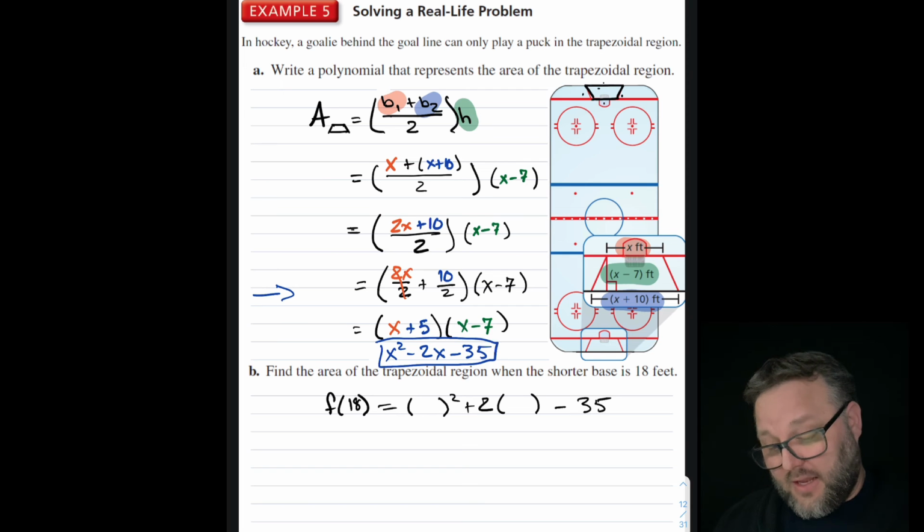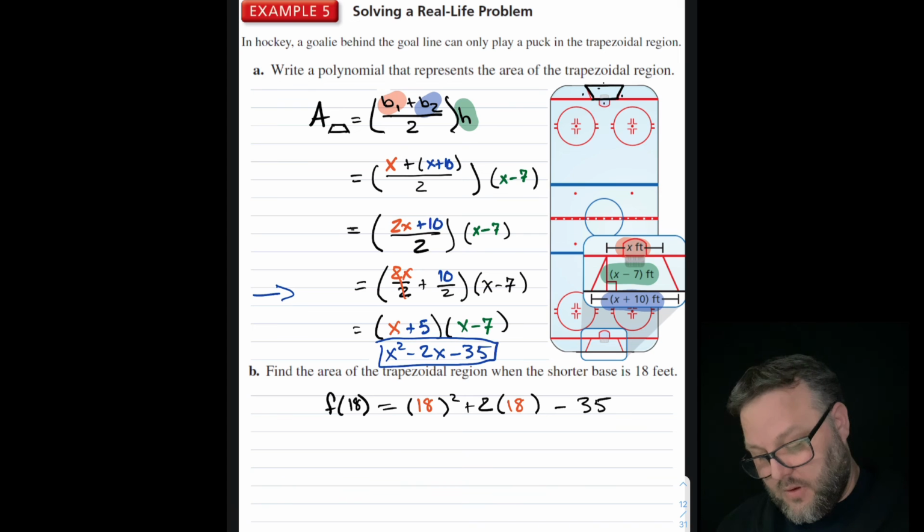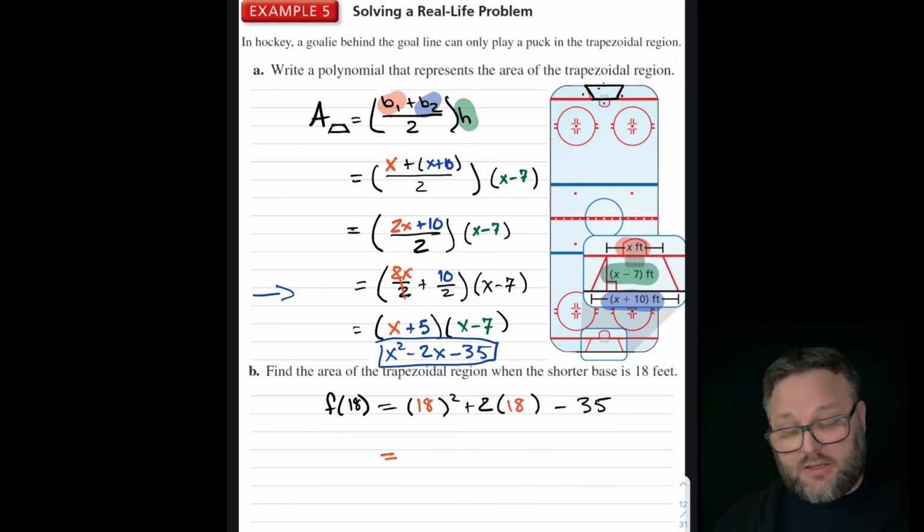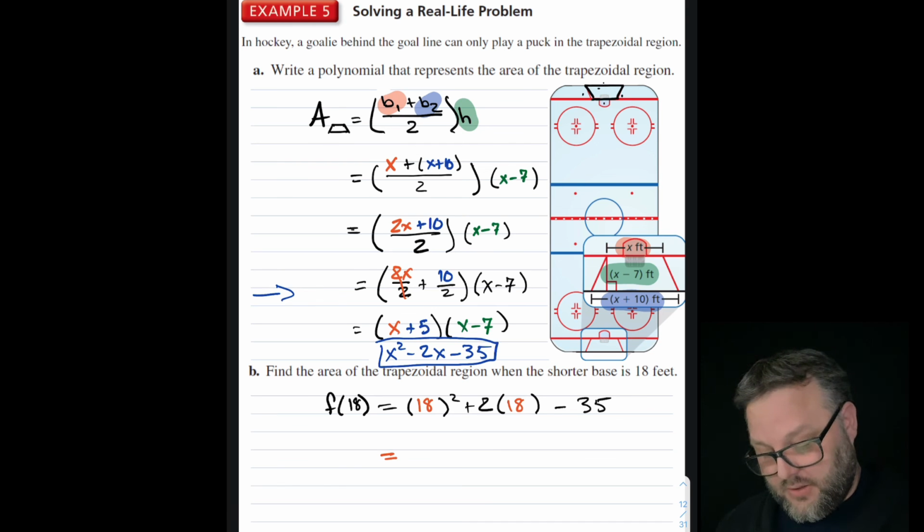Now, if we're going to find the actual area, let's say we finally find out 18 is our base. That means everywhere there was an x, I'm going to put the number 18, and then I'm going to solve. So this becomes 18 squared. So I take out my calculator and I do 18 squared. I get 324.